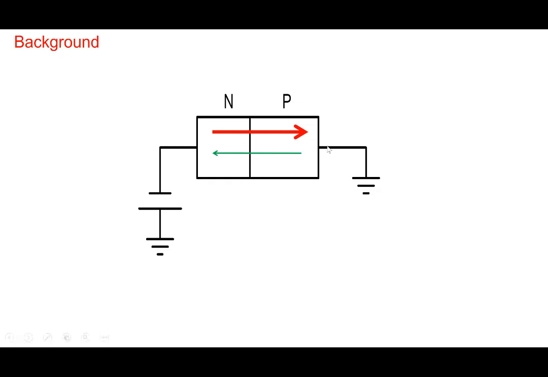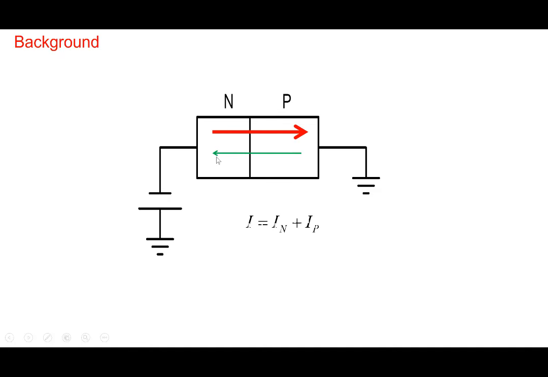We've seen earlier that when we take an NP junction and forward bias it, note that the N type is made negative and P is ground, so you're forward biasing the PN junction. And when you forward bias it, you inject electrons. This red shows you're injecting electrons into the P-type region, and you're injecting holes from the P to the N region here.